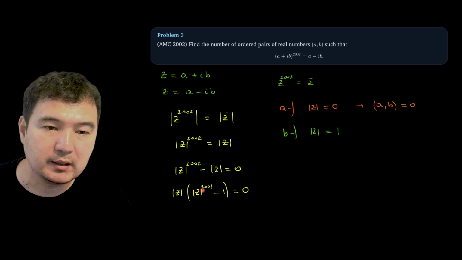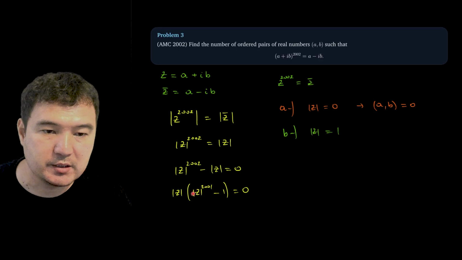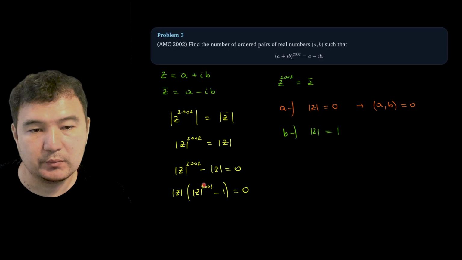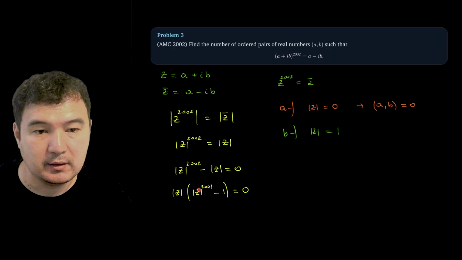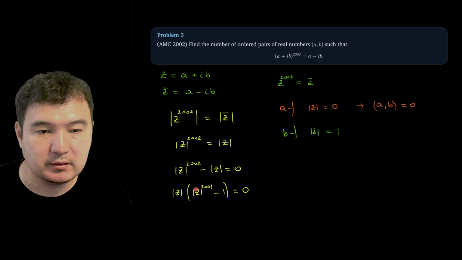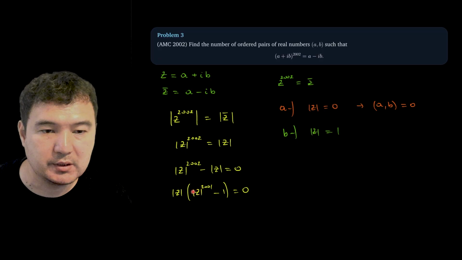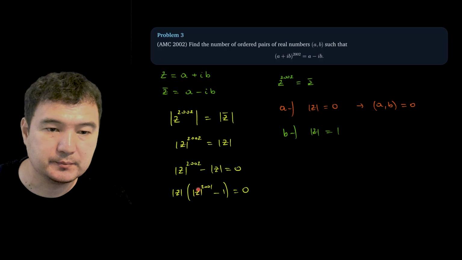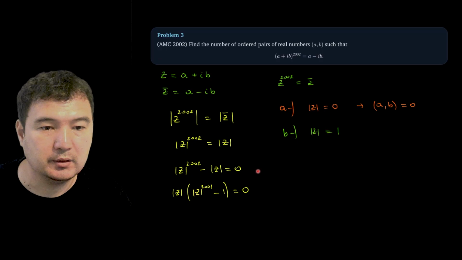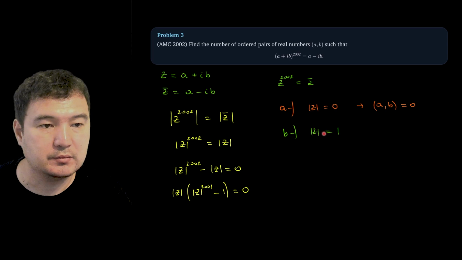If you imagine this is x, we have 2001 solutions, but if you restrict these solutions to real numbers, there is only one: the modulus of z can be equal to 1 only, because it is a real number. So the modulus of z is 1.